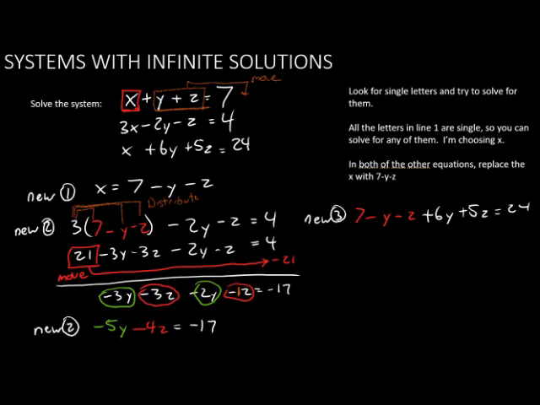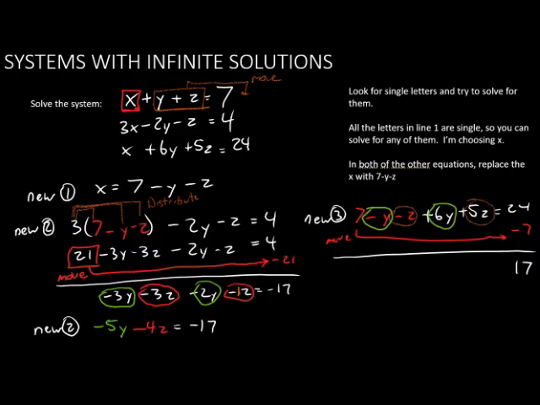Now we'll repeat this same process with our new line 3 here on the right side. We do have a 7 on the left. That's a constant, so that will have to move. The 7 will become negative 7 when we move it, and 24 minus 7 gives us positive 17. Then we will combine any terms that we can. I'll circle the y terms in green and the z terms in orange.